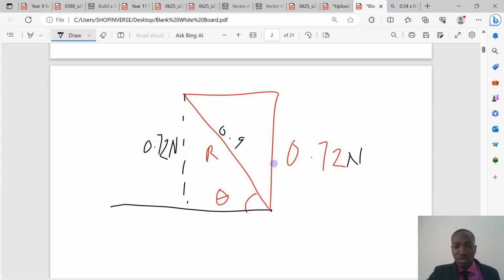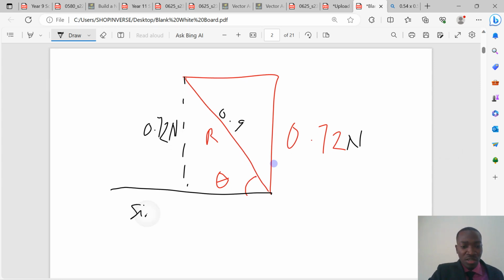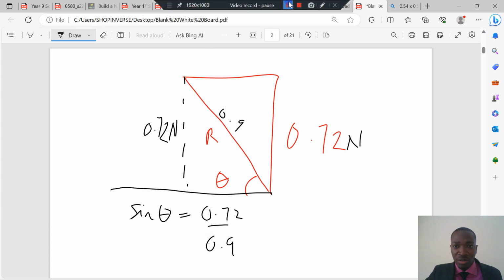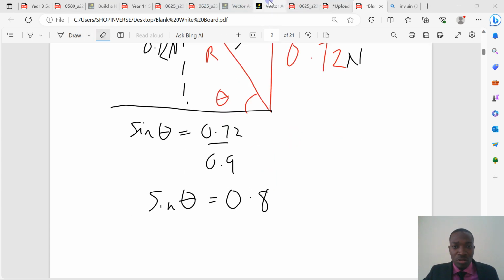We use the sine rule: sine theta is equal to the opposite, 0.72, divided by the hypotenuse, 0.9. 0.72 divided by 0.9 gives us 0.8.